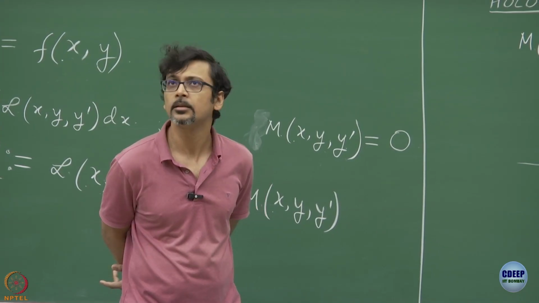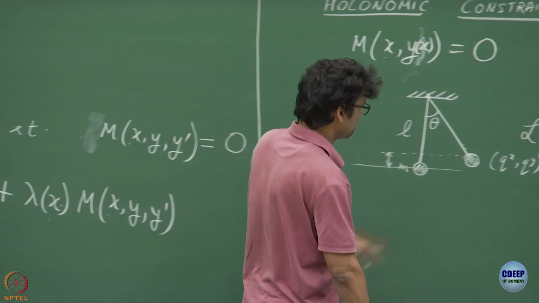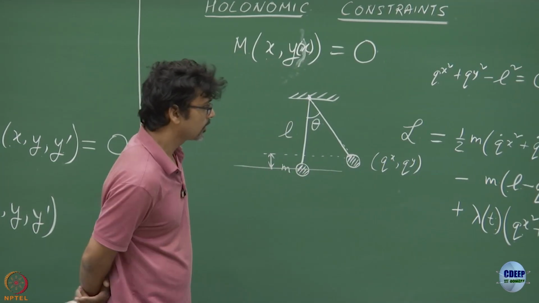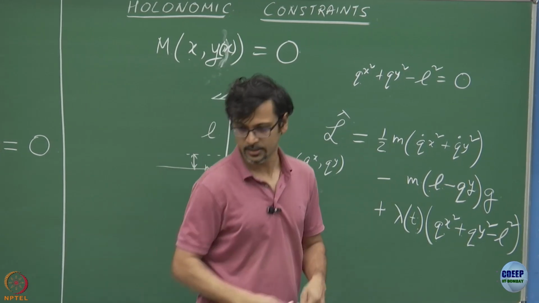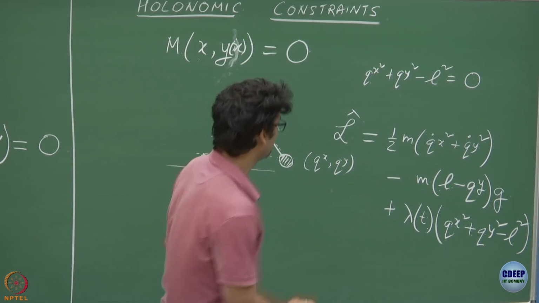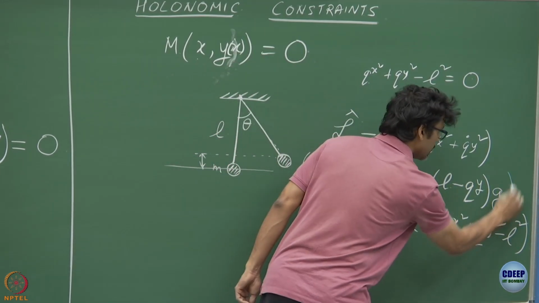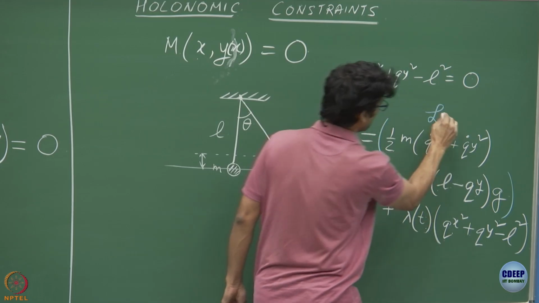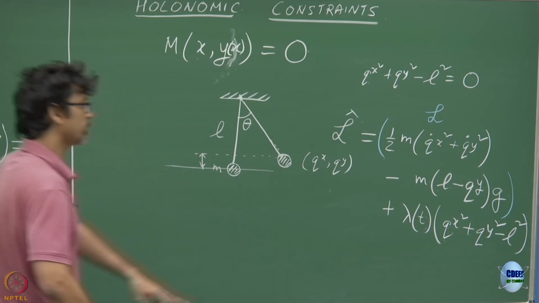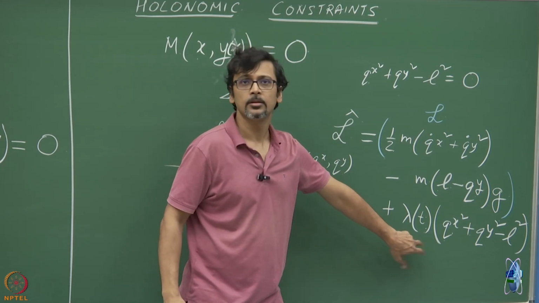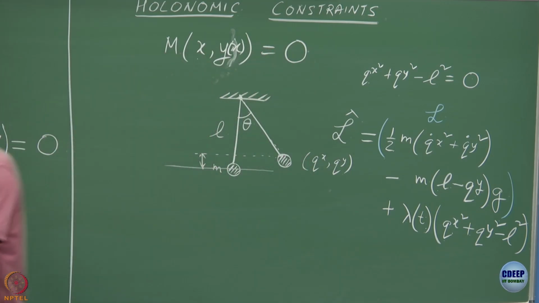So this is my L hat, in fact, right? This part in blue will correspond to the L, the action. The additional part comes in because of the constraint, right?